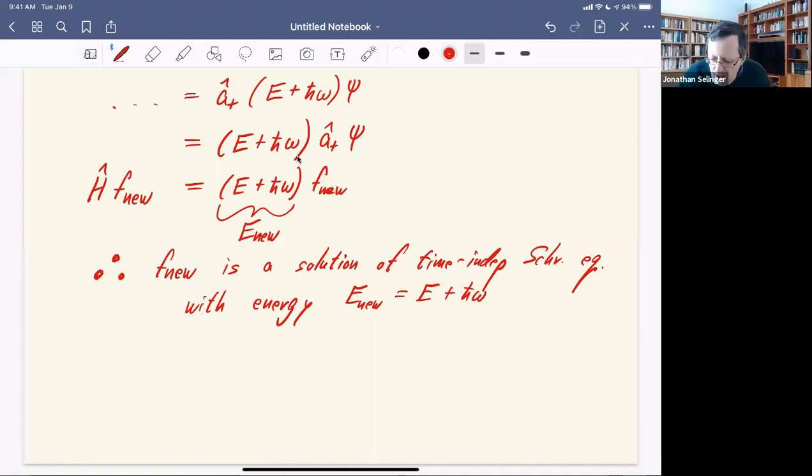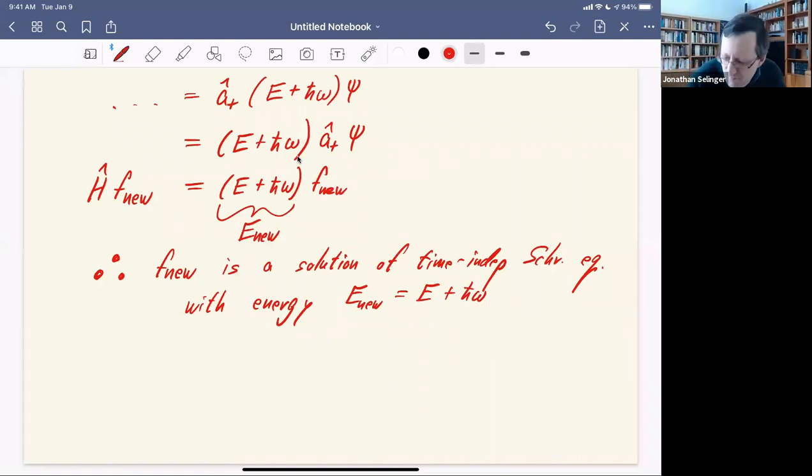Okay. But then if we did that, we could repeat, right? We could let A plus act again, and we could get an even higher energy solution, and even higher, and so forth, right? If only we had one. Okay. You all right so far?